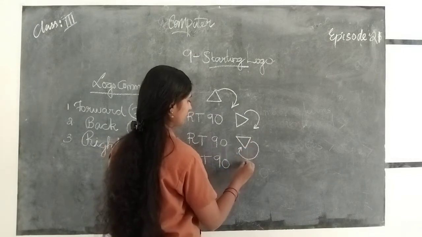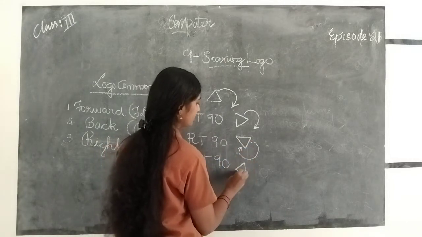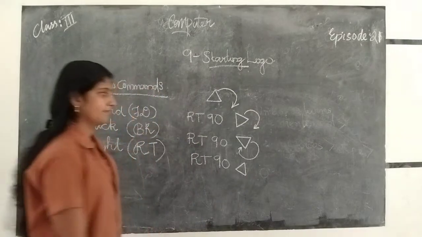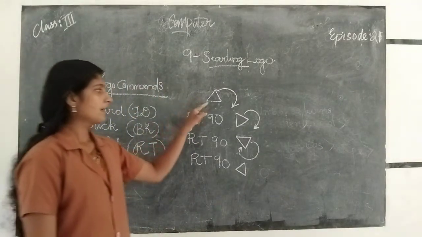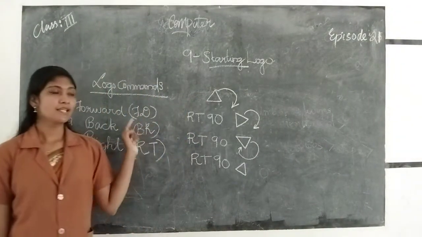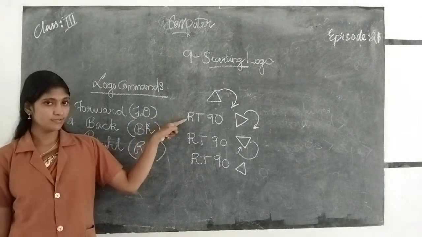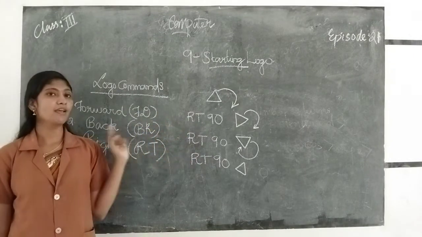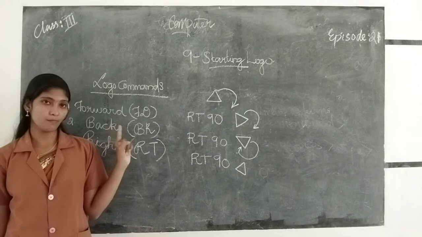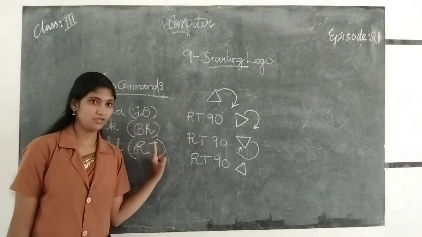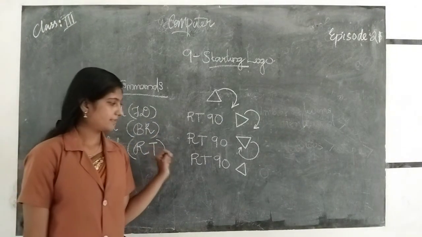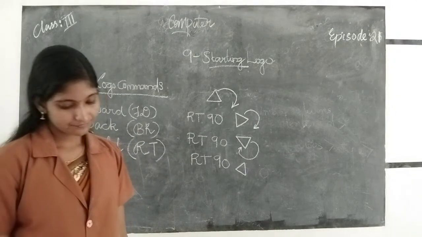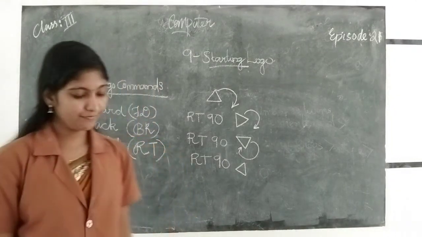Then this is the result. So RT means to turn the turtle to the right direction, and it also contains the number of turns or the angle mentioned. Yes. Then next is left.